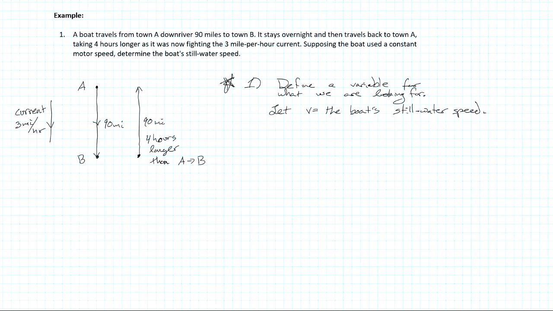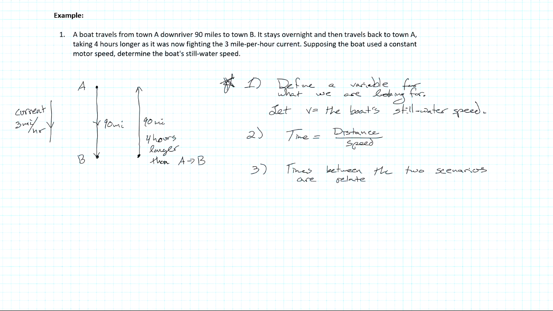All right, for these specific kinds of problems, we're going to use the fact that time of travel equals the distance traveled divided by the speed. And the other thing that we're going to use is that the times between the two scenarios are related.